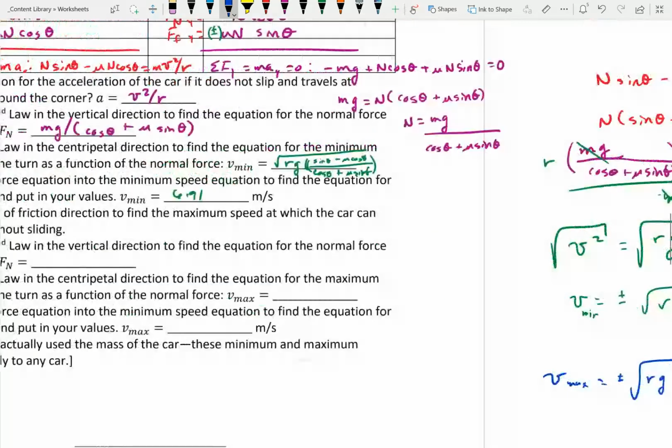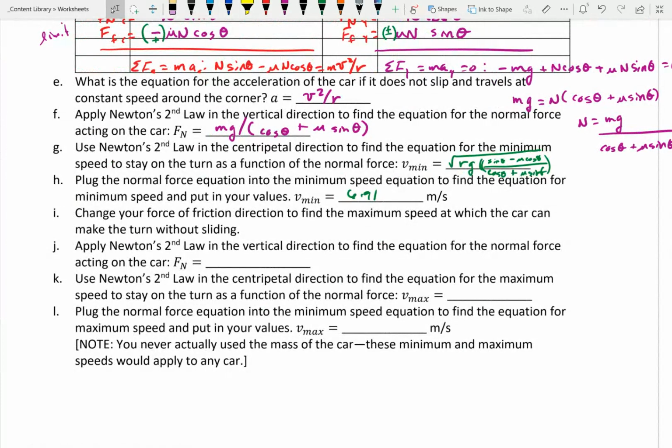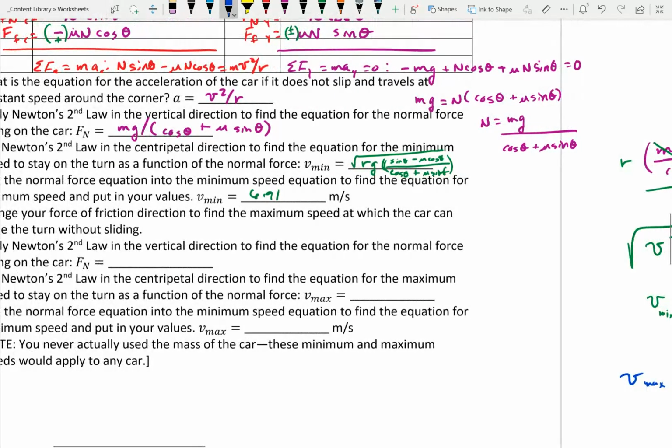Putting my numbers into that equation, here's the v max. And putting the numbers in, that gives me 85.2 meters per second for the maximum speed.